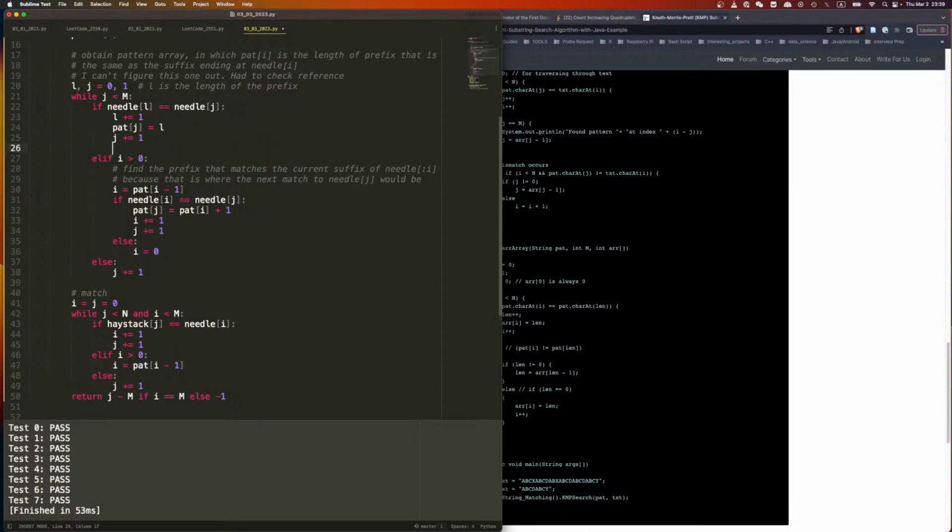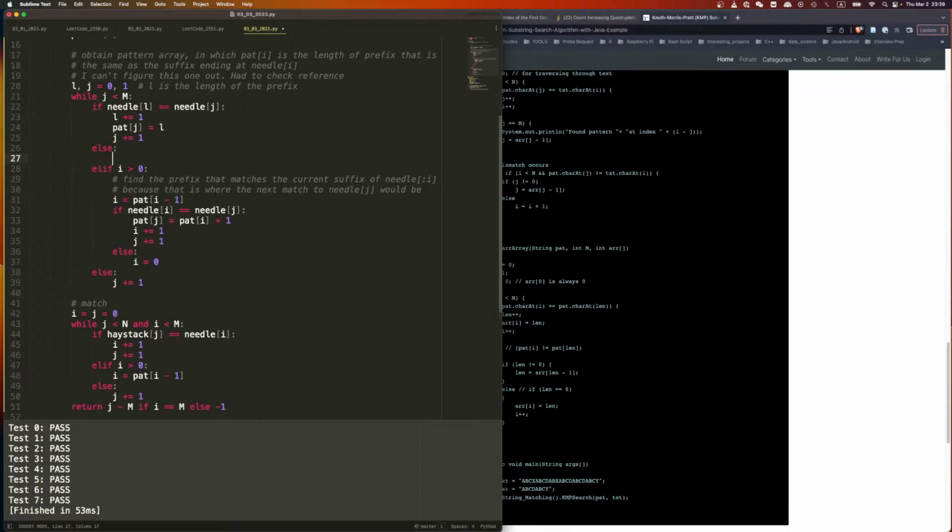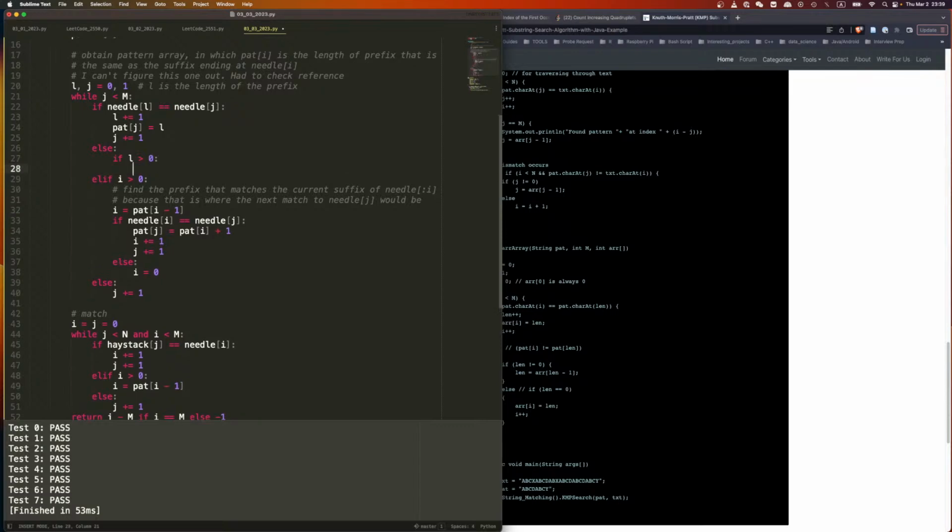And else, if these two are not the same, then we need to say if length is larger than 0, then we can say length is equal to pattern at length minus 1.